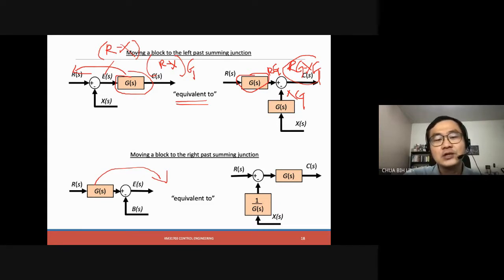If you like to shift it here, what you need to do is you can shift it here, but in these sections you have to use 1 divided by G to reduce the effect of this G at this particular section before it is being shifted, right? So have to get all this relationship correct, right?